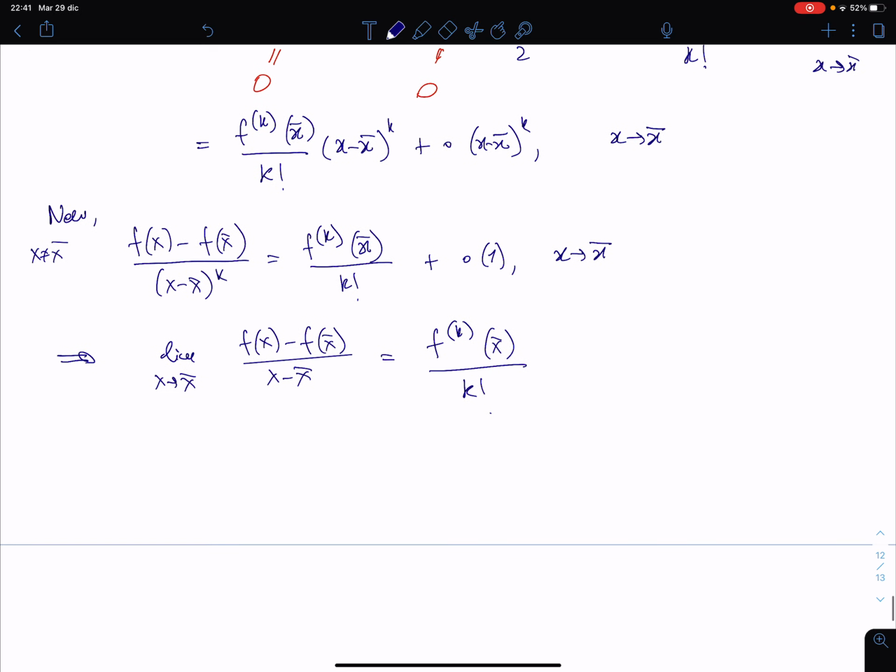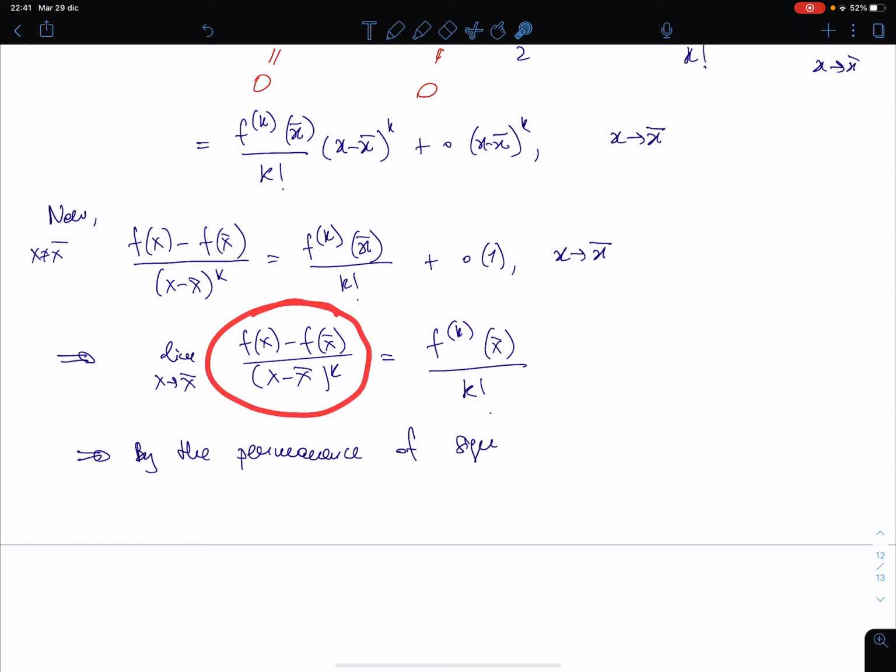By the permanence of sign, the sign of this expression must be locally equal to the sign of this, which is not 0 by hypothesis, since it is the kth derivative, the first derivative which is not 0.